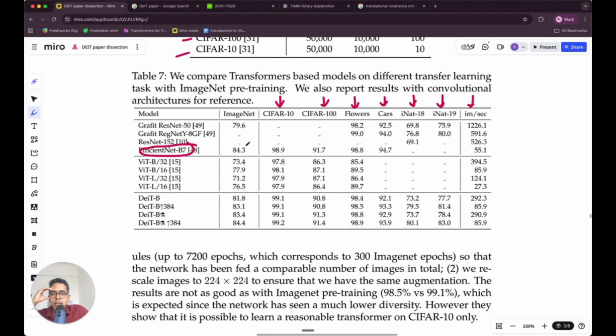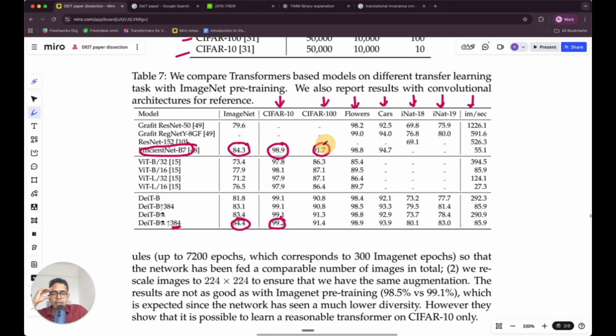This has a really good accuracy, but a fine-tuned DeiT model on ImageNet dataset only, I think, but at 384 resolution, it slightly outperforms.